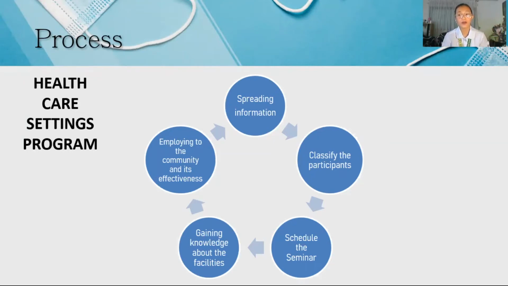The last step is engaging the community and assessing its effectiveness. This is where we observe the effectiveness of the seminar and how it affects the daily lives of the residents. Either they will ask for our help or not. This is where we evaluate if the seminar or the webinar is effective.